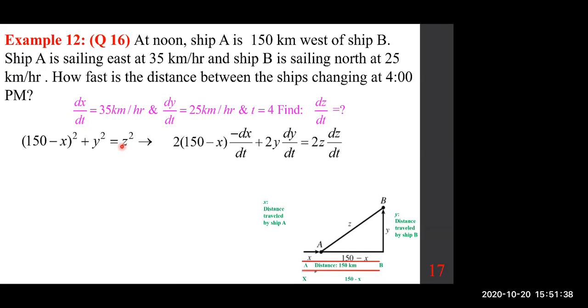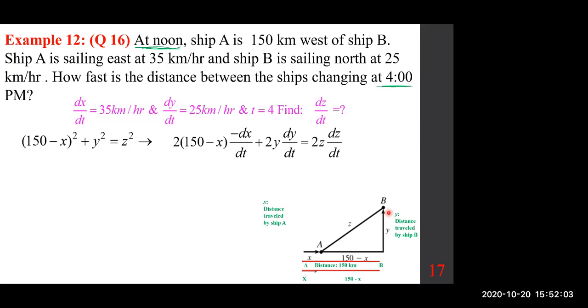Okay. Now, when did we say at 4 p.m.? At noon. At 4 p.m. means 4 hours later. So class, 4 hours later we can calculate x and therefore 150 minus x, and we can calculate y.